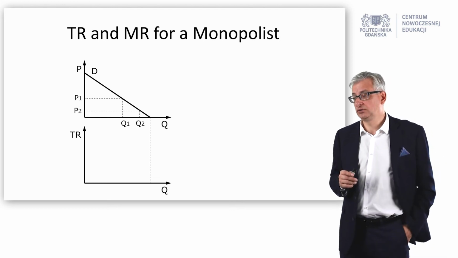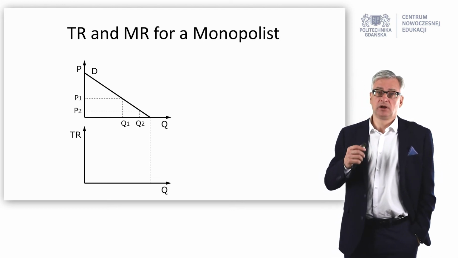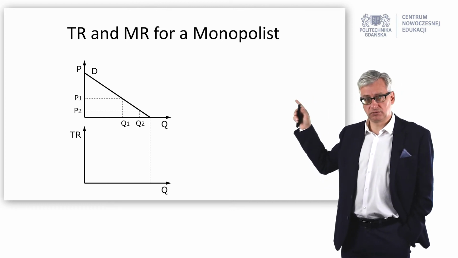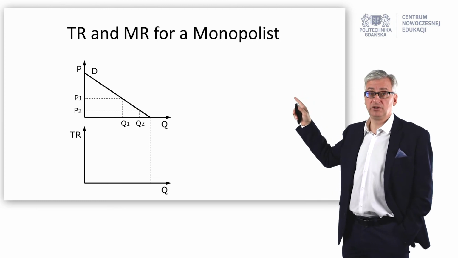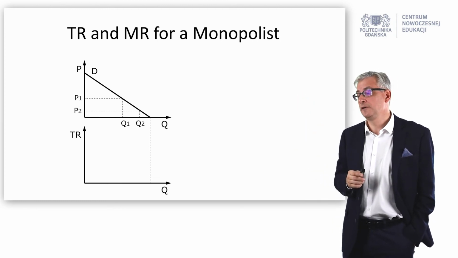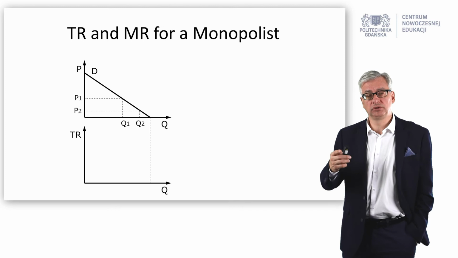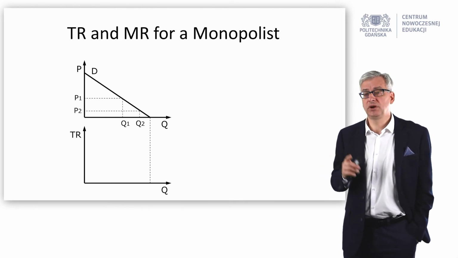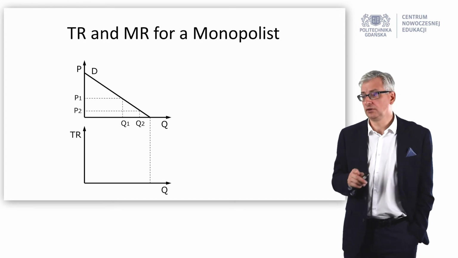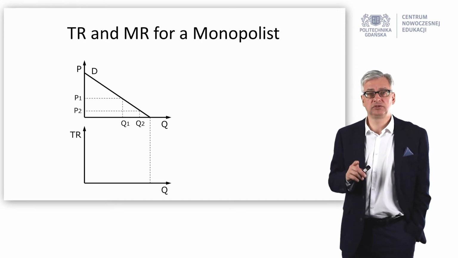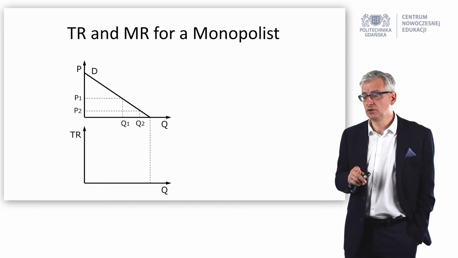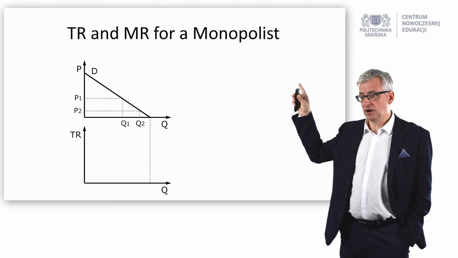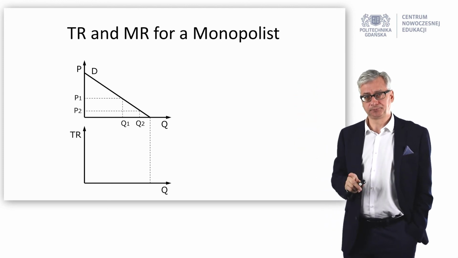We can try to analyze the changes in total revenues in the areas of those rectangles for different quantities, for different prices. So what we are going to see is, first of all, let's consider the points of intersection between demand in the upper graph and the axis.